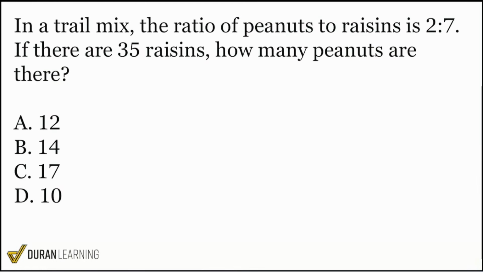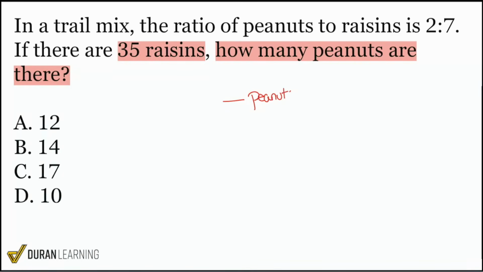So everybody, first thing is, if there are 35 raisins, how many peanuts are there? Okay, cool. So that's what we know we want. We want how many peanuts, and we also know that there are 35 raisins. So the first thing we want to do is write down that we're looking for blank peanuts, and this is being compared with 35 raisins.